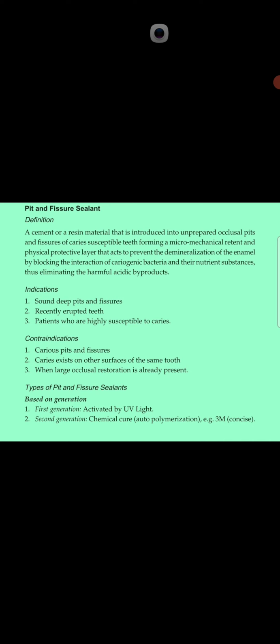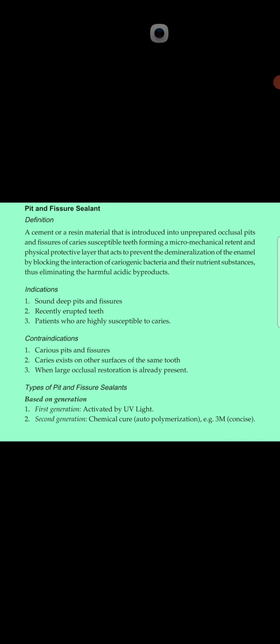Micromechanical retention and a physical protective layer that acts to prevent the demineralization of enamel. How? By blocking the interaction of cariogenic bacteria and their nutrient substances, thus eliminating the harmful acidic byproduct. This is the definition of pits and fissure sealant.